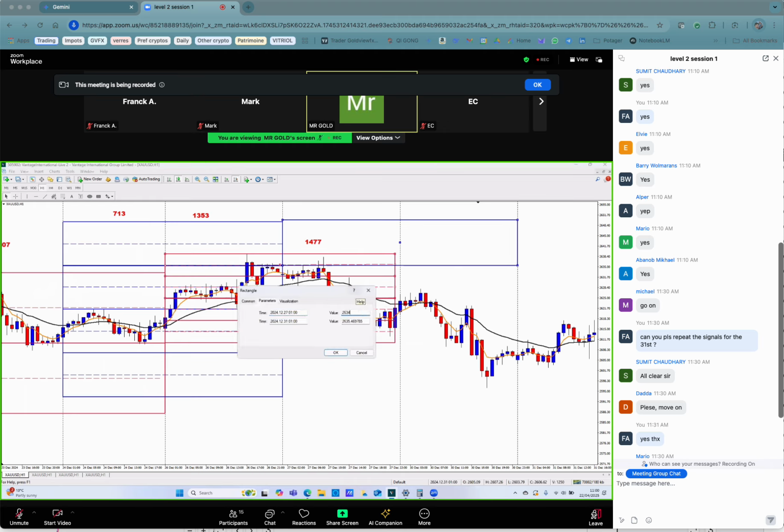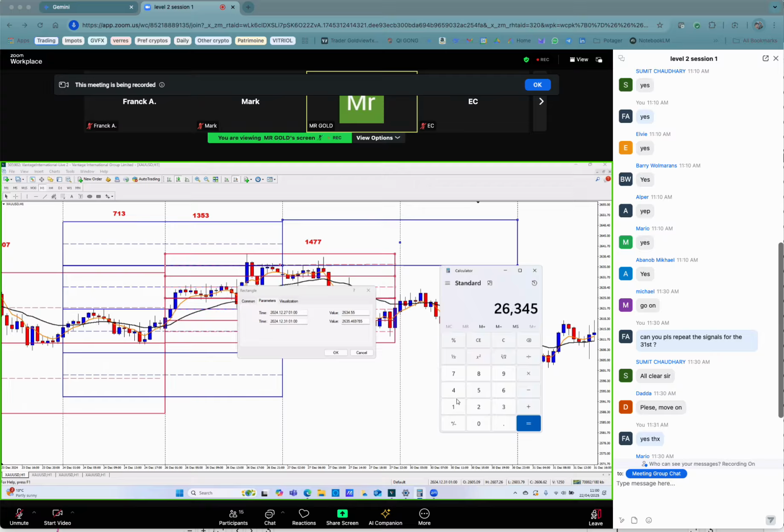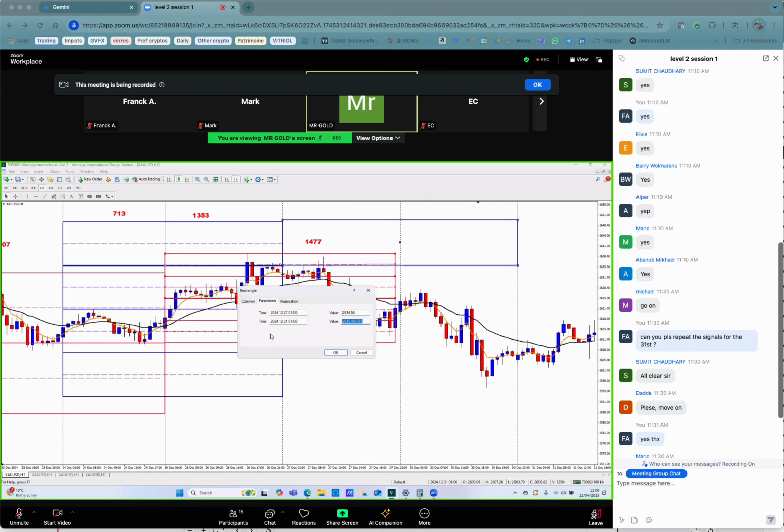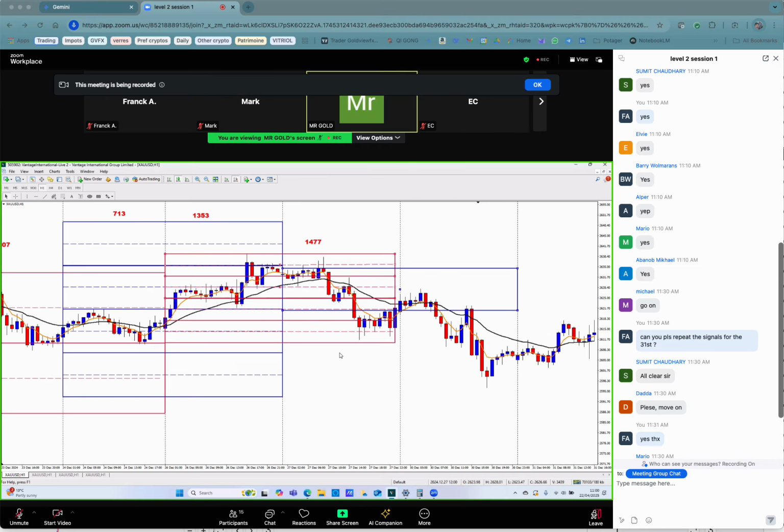Get my calculator. 2634.65 minus the G value, which is this one, 1353, gives me 2621.02. Press OK. Now I've got my first box.